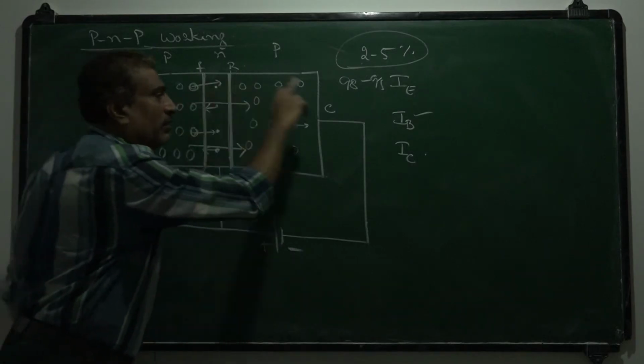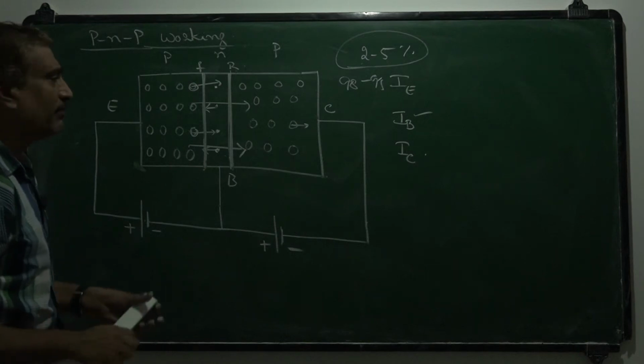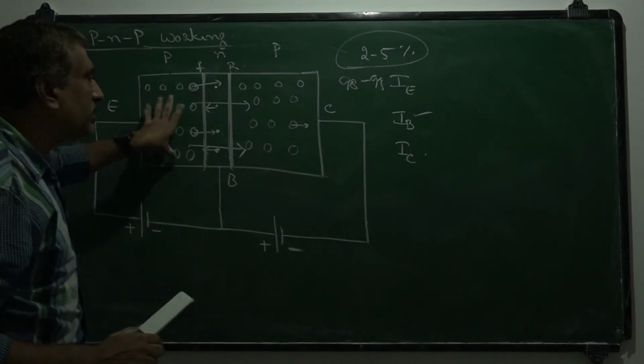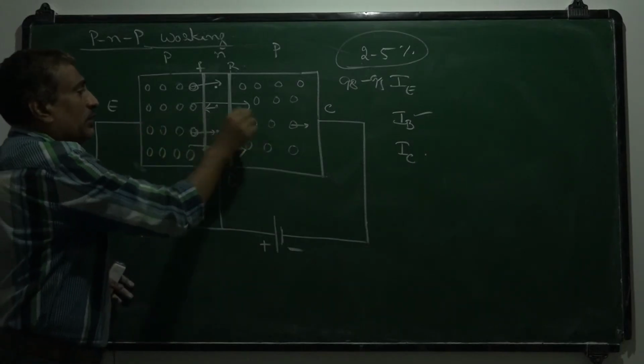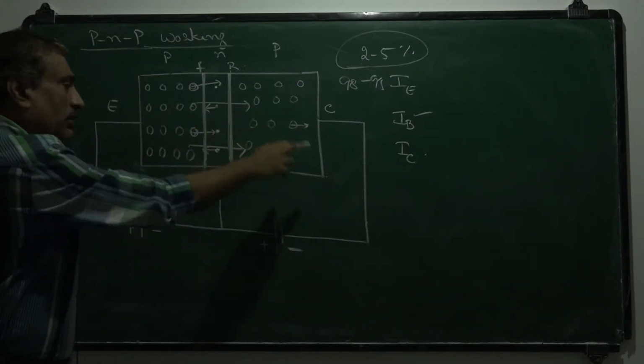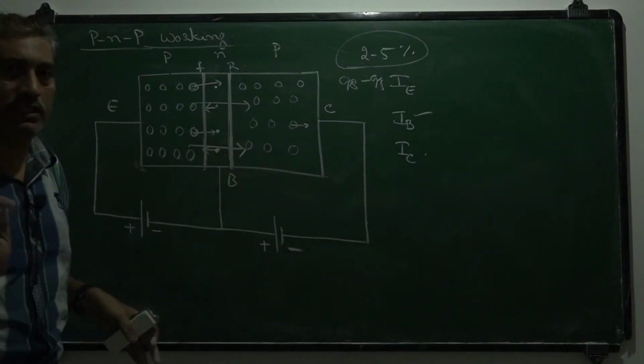In this way, current flows through this PNP transistor. Inside the transistor, the current is due to holes only, but outside, in the external wires or external circuit, it is due to the conduction of electrons. How?